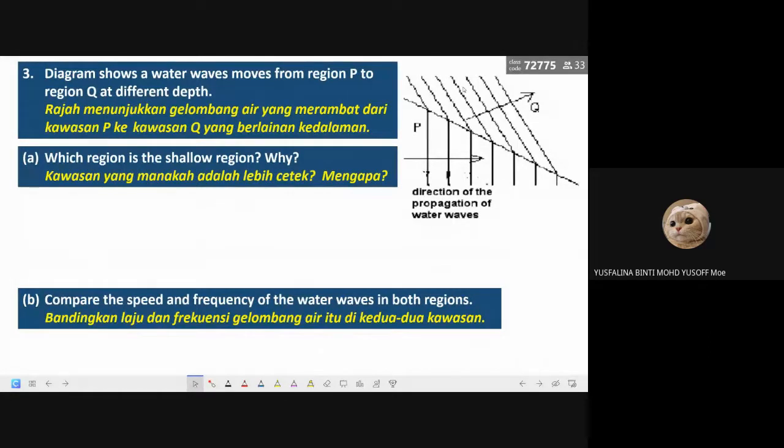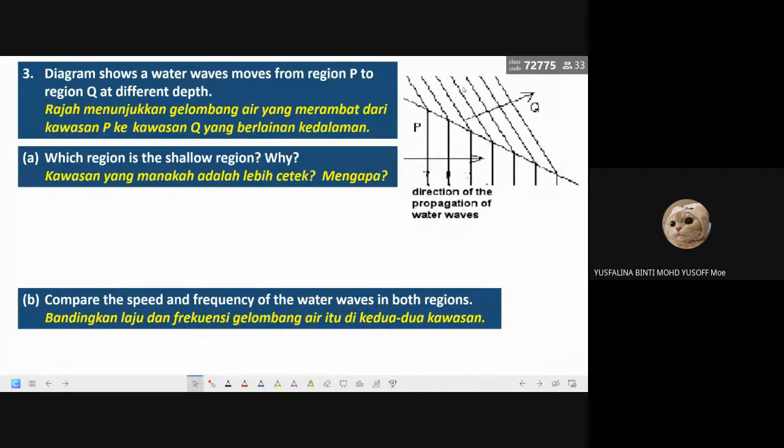The things that will change are the velocity, the direction of propagation and also the wavelength. Those are the three things that will change after the wave is refracted.